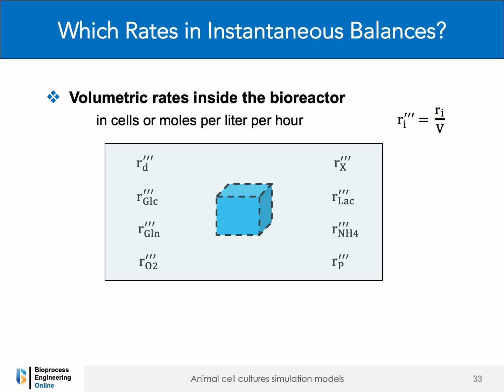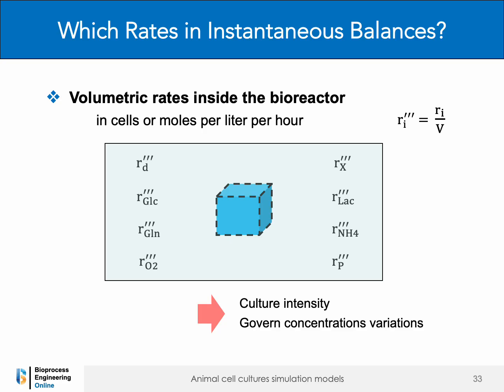For our CHO cell culture, we therefore define the volumetric cell production rate, Rx third, and death rate, Rd third. The volumetric consumption rates of glucose, RGLC third, of glutamine, RGLN third, of oxygen, RO2 third, the volumetric production rates of lactate, RLAC third, ammonia, RNH4 third, and proteins, RP third.